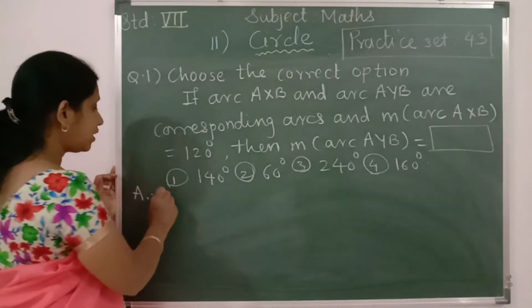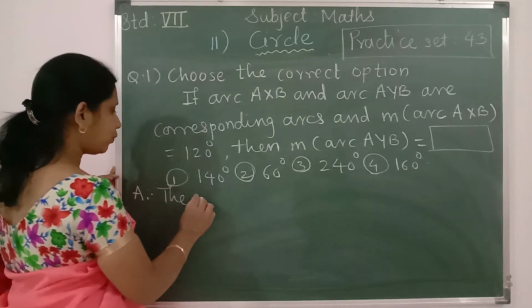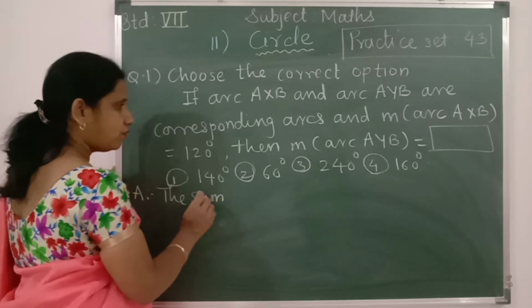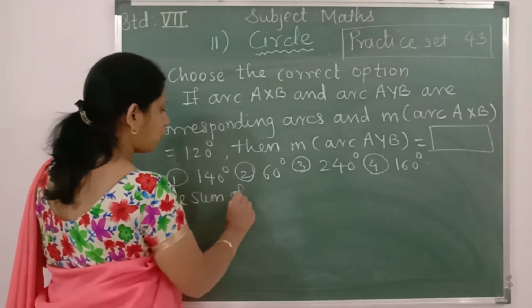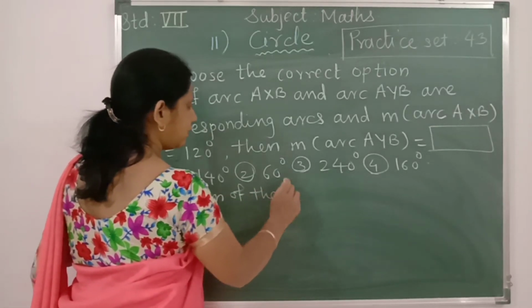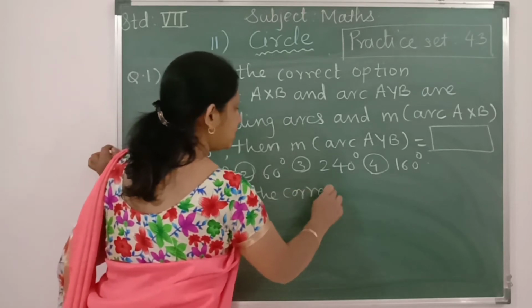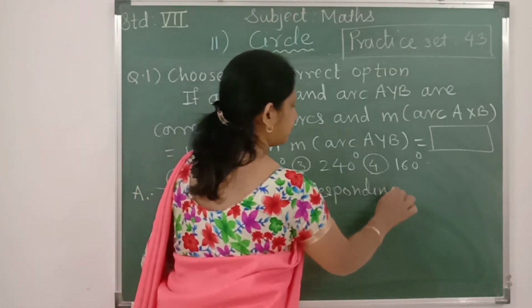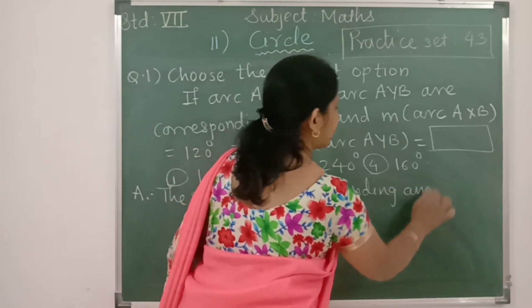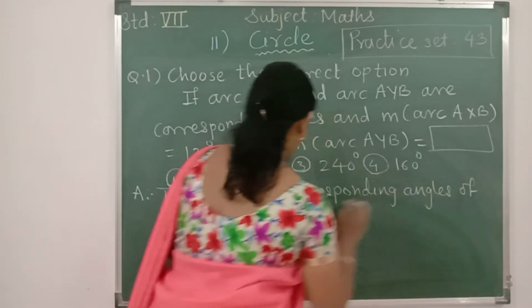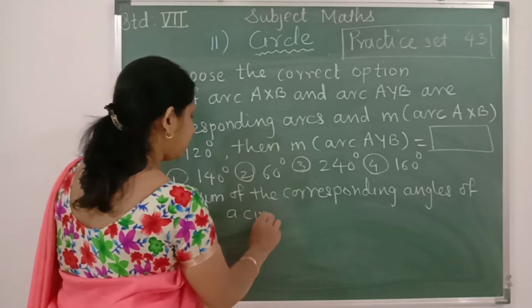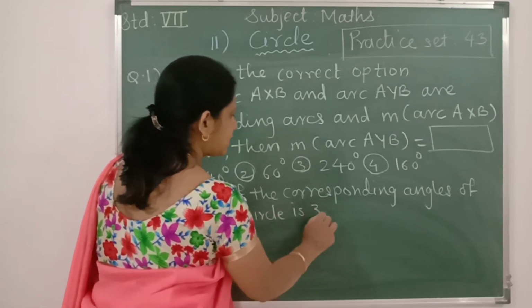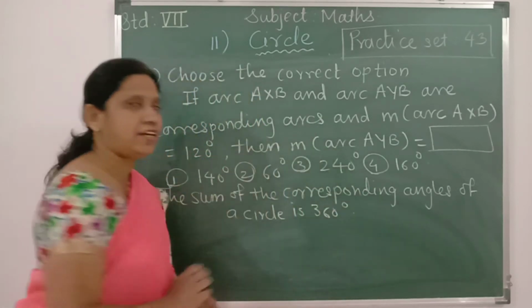We know that the sum of the measures of corresponding angles of a circle is always 360 degrees.